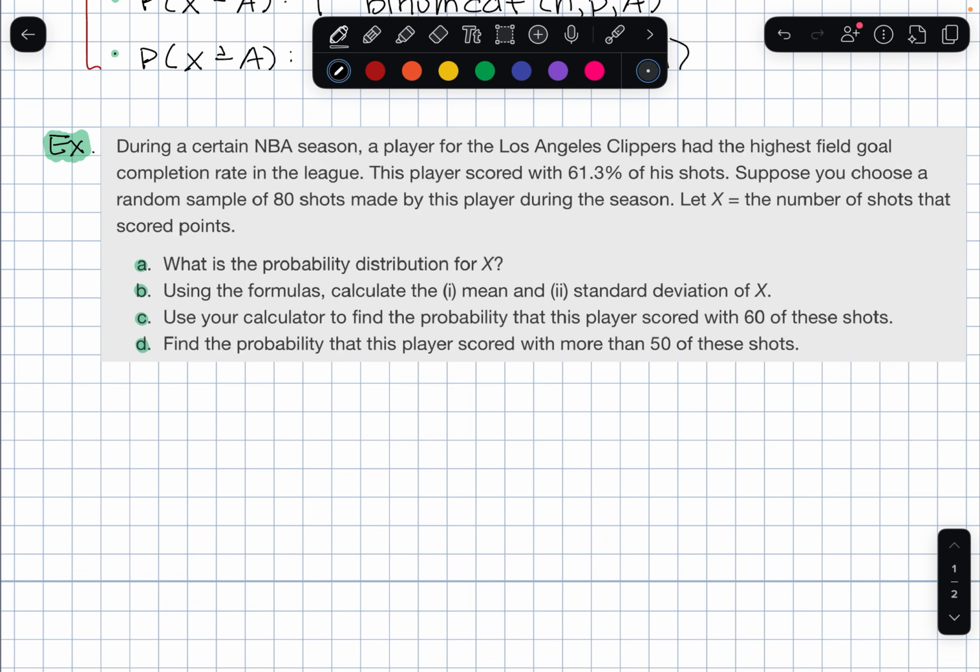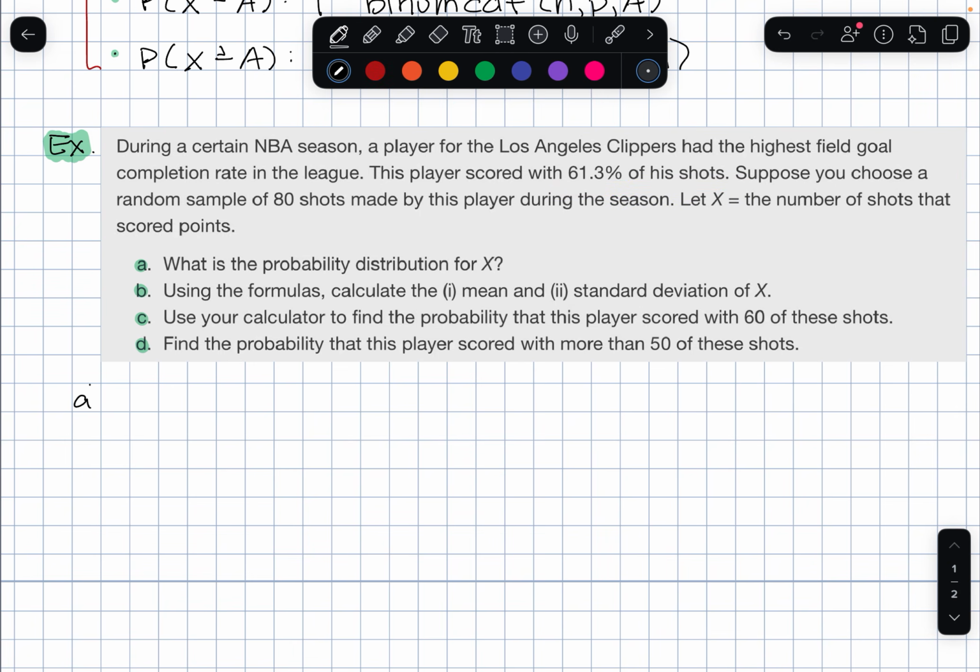So if I go through this, I have 2 outcomes: made the shot, didn't make the shot. Each shot should be independent of his last shot. I know that I'm doing 80 shots, so I have a fixed number of trials. And I know that the success of his shots is the same throughout each trial of 61.3%.